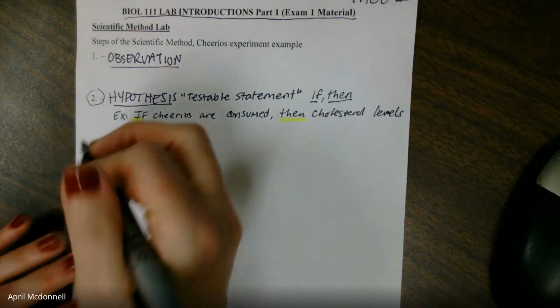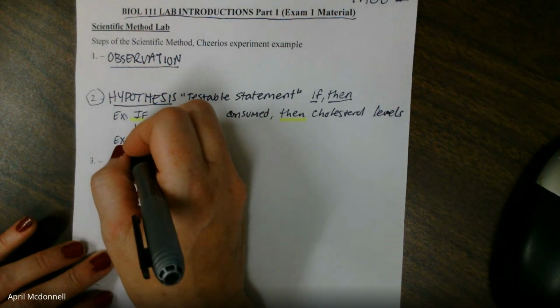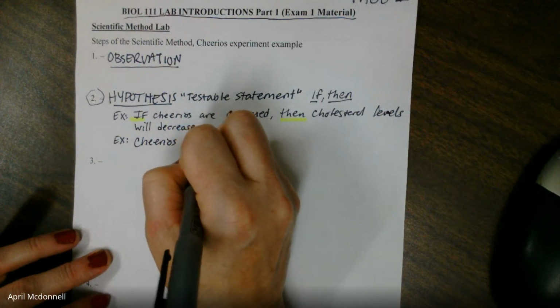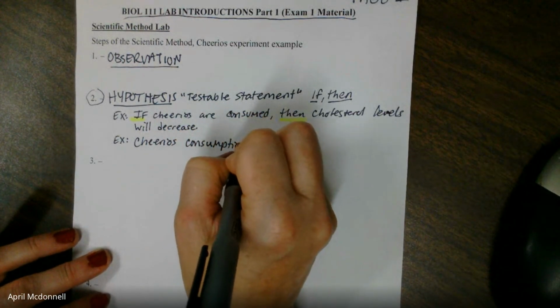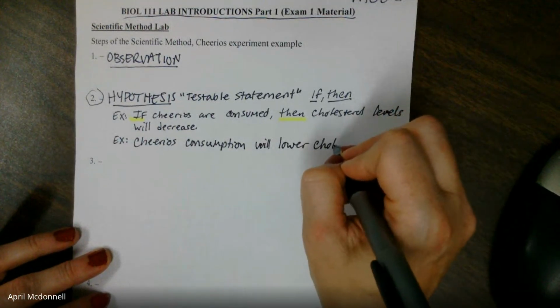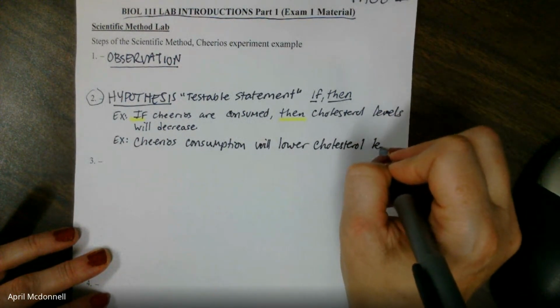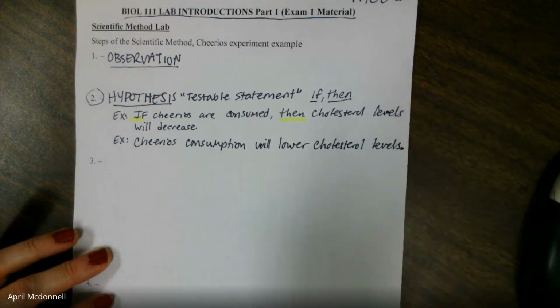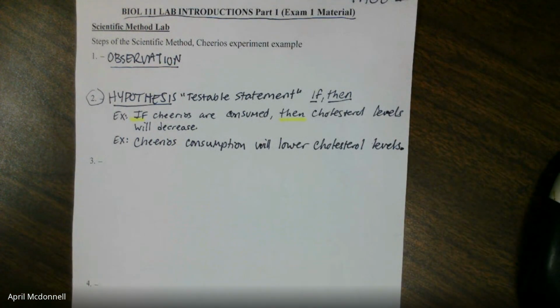For example, Cheerios consumption will lower cholesterol levels. That definitely is another statement that is testable, but I did not use the words if and then. So I do not want you to get hung up on using the words if and then in your hypothesis statements.